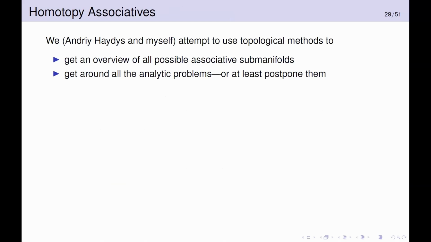Together with Andrew Haydys, we started to think about these associative manifolds in a slightly different way. We tried to get an overview of all possible associative submanifolds at once, basically, and we tried to get around the analytic problems for the start. So maybe we can postpone them for later and understand more of the topological structure.